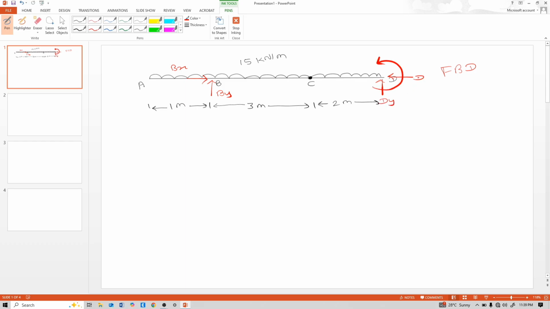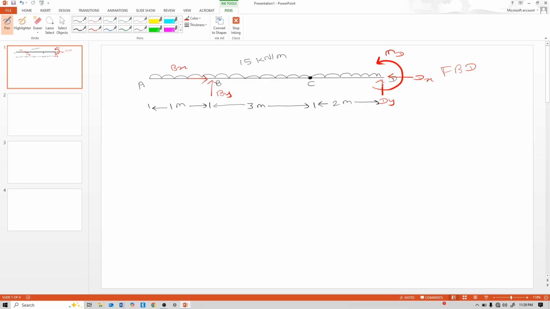Dy, Dx, and MD moment. So see here, four unknowns: By, Dx, Dy, MD. This Bx is equal to 0 because Bx is equal to Dx. See, this Bx is positive and this Dx is negative, so Bx is equal to Dx.